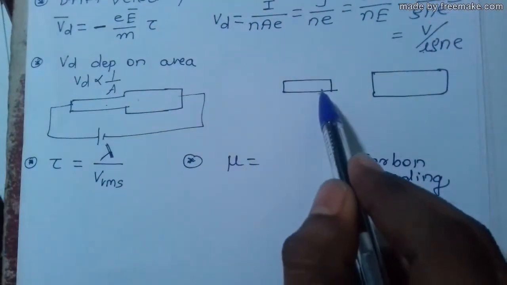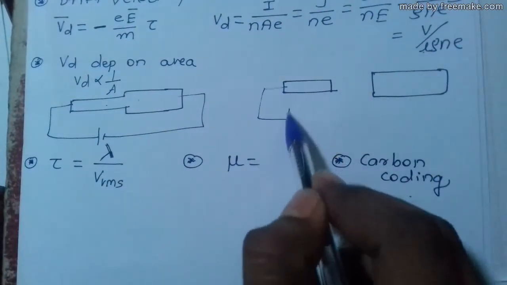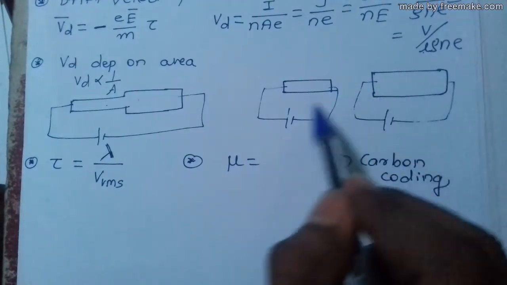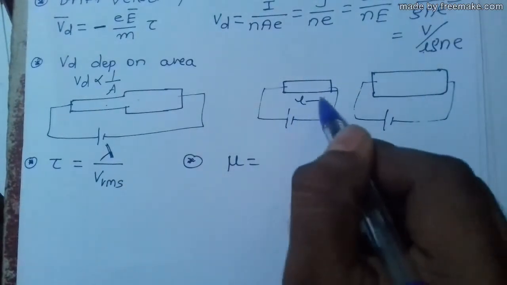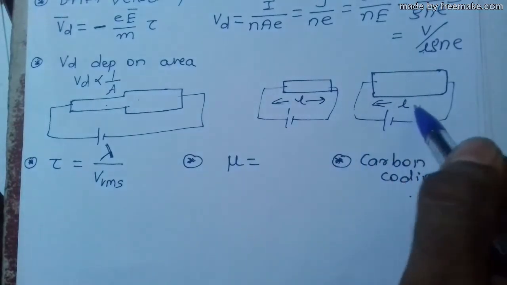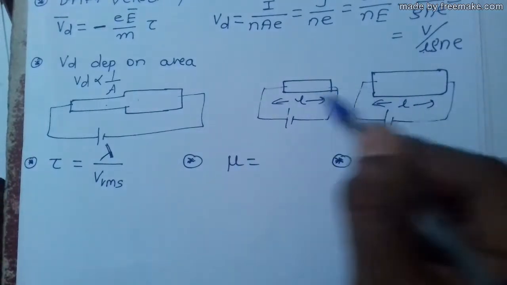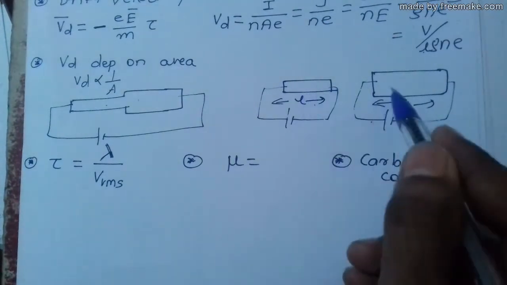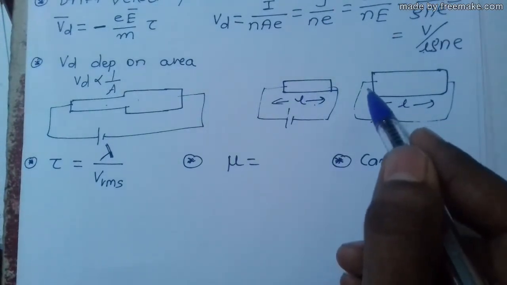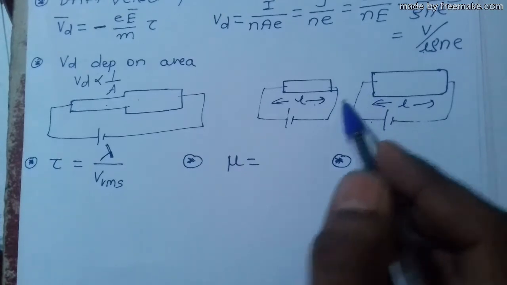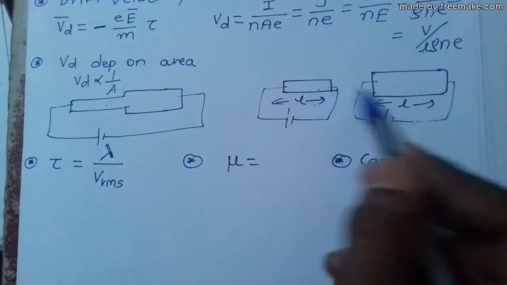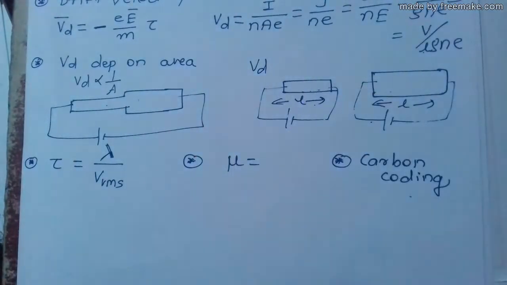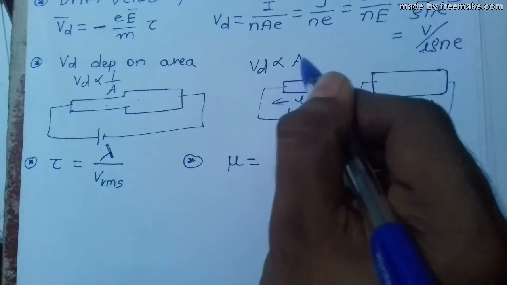And if there are two conductors, connected to the same battery, with the same lengths but different areas, battery same, length same, material same, then drift velocity in both of them is the same. It is independent of area.